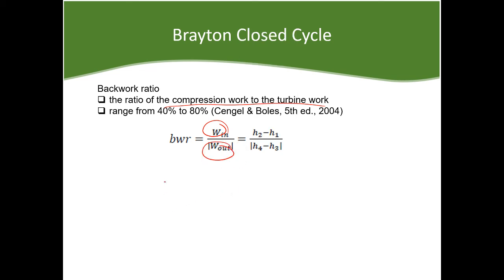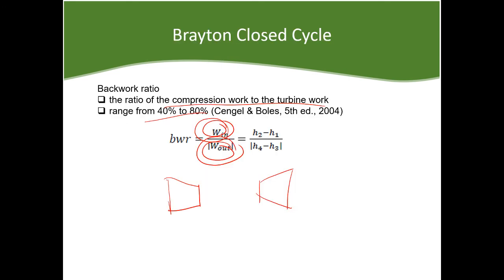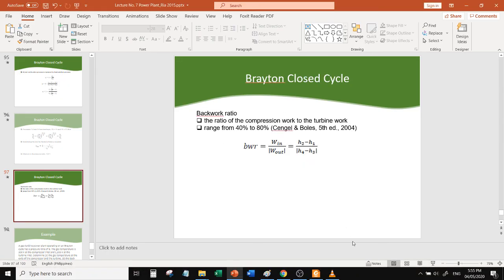Diba may compressor ka, tapos meron kang turbine. So, yung ratio ng compression work sa turbine work, that's the back work ratio. And it's usually 40 to 80%. Okay, that ends our lecture for the power plant topic.